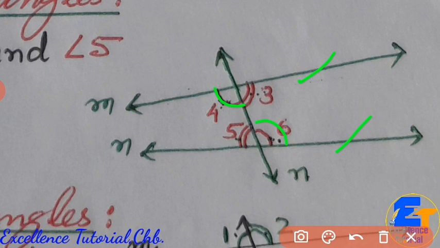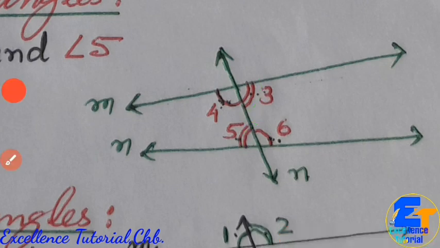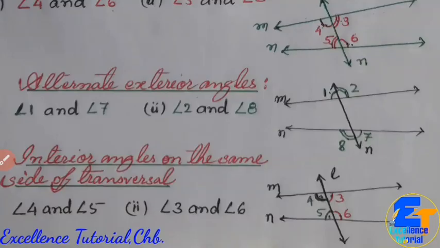See, both angles lie on either side of the transversal and between these two lines M and N. Such pairs of angles are called alternate interior angles. So we can say angle 4 and angle 6 are alternate interior angles. In the same way, angle 3 and angle 5 are alternate interior angles.